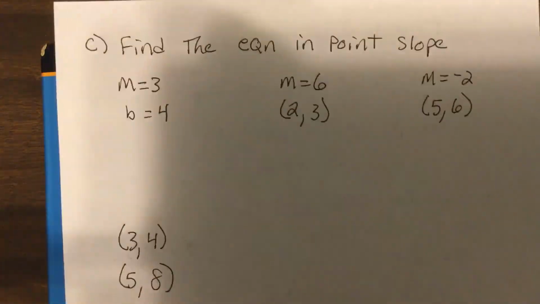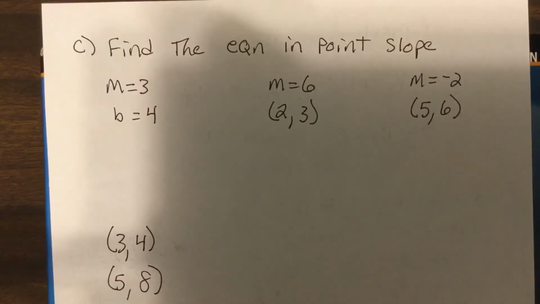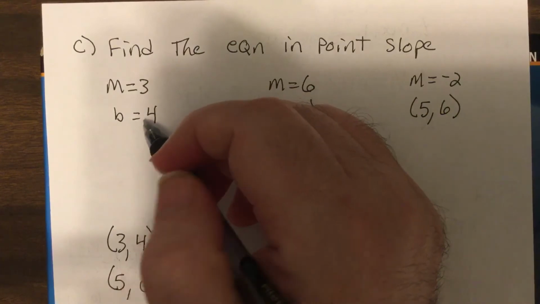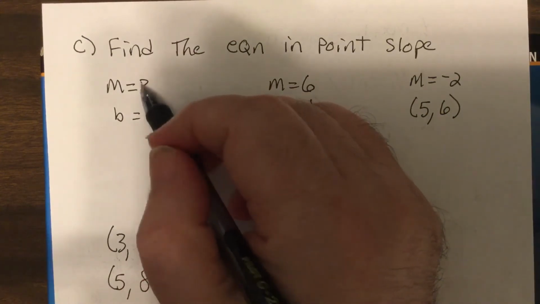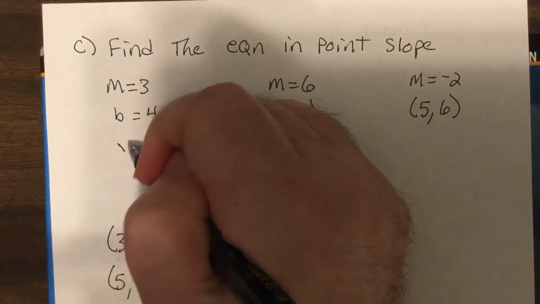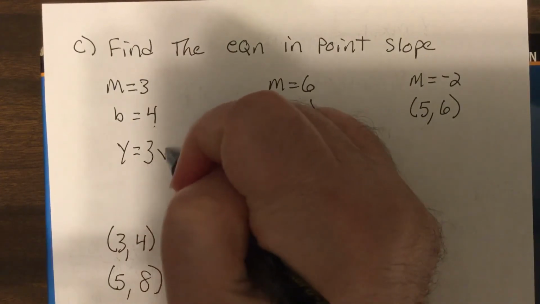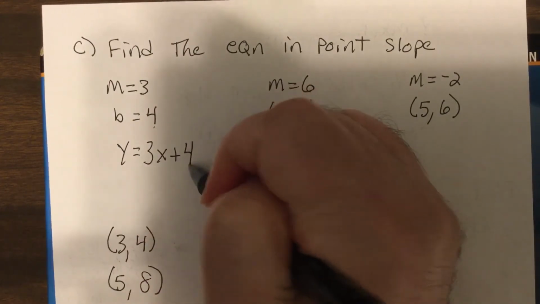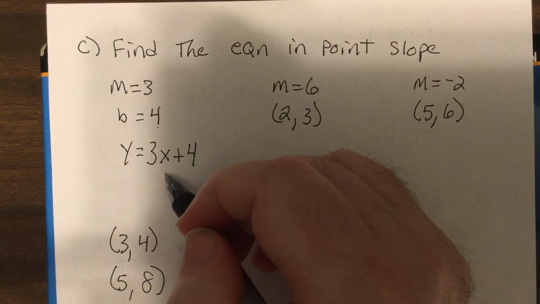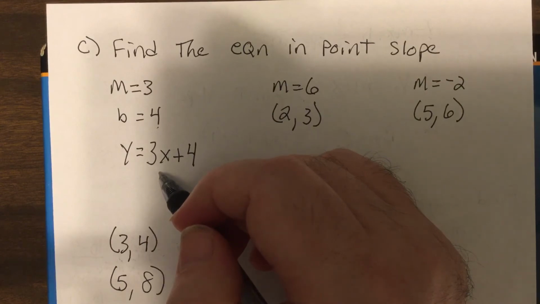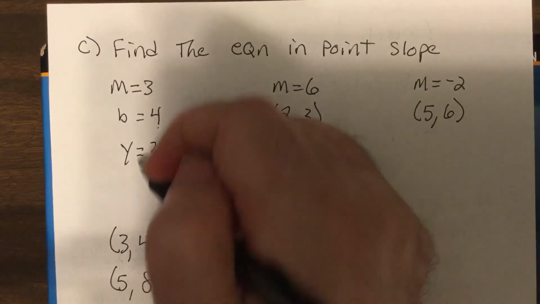Last type of problems. What if I want the answer to be in point slope form? Again, I'm given a slope and intercept, so it'd be y equals mx plus b. And point slope would be, well, let's do this.